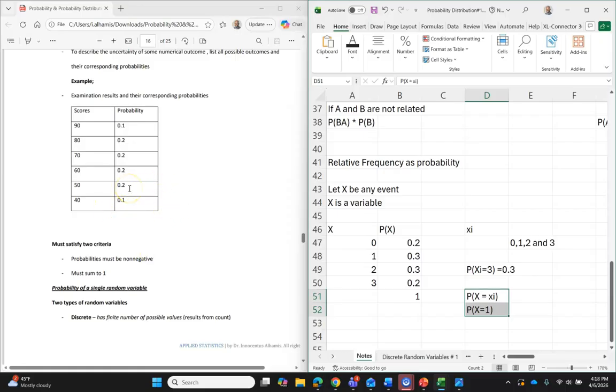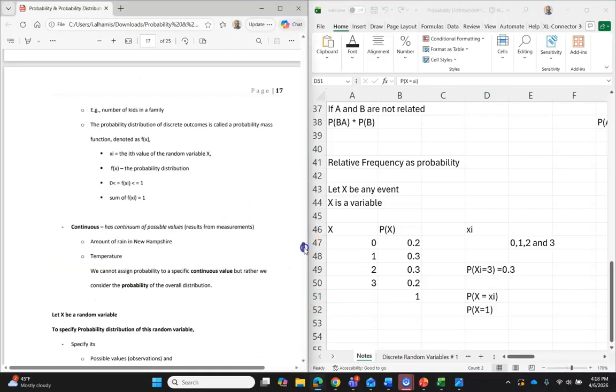If we consider continuous random variables, you will see that probabilities cannot be assigned to a particular value, but to a group of values. We will learn about that later. So you should know that these are discrete values, and each one could be assigned probability.